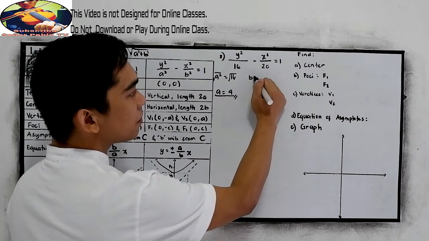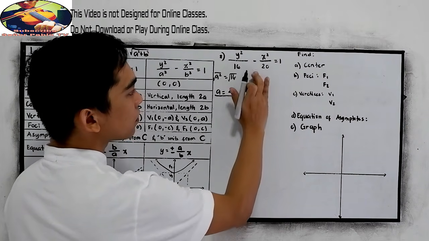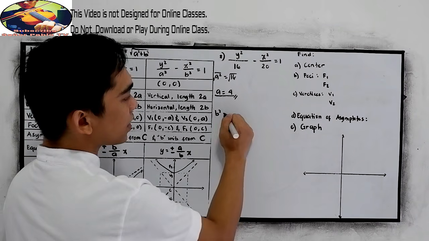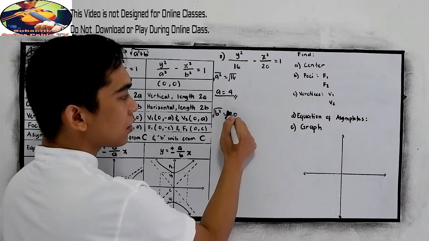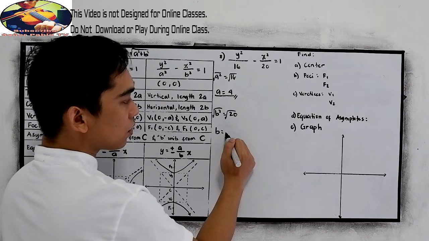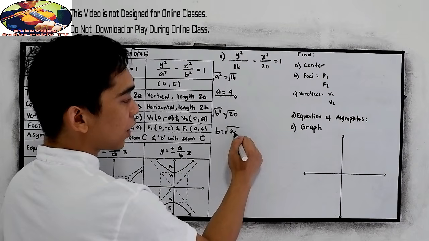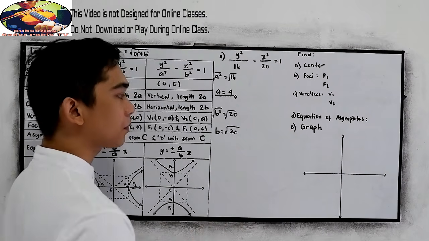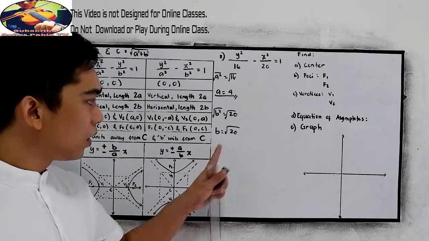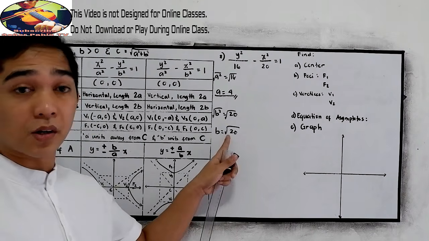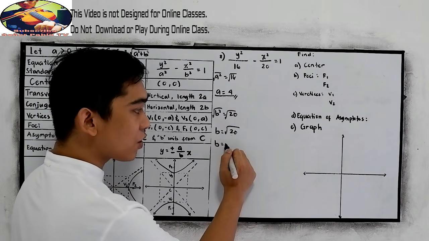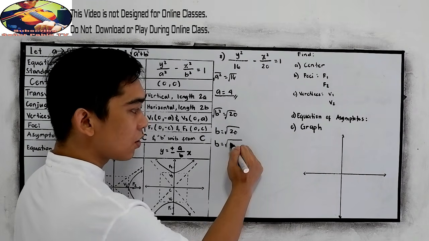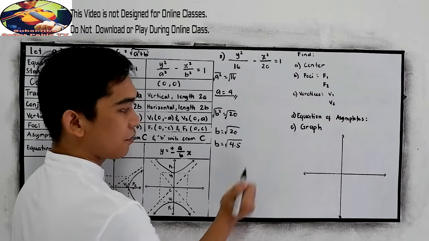And for our b squared is equal to 20. So extract the square root. b is equal to square root of 20. Now, 20 is not a perfect square number. So b is equal to, get the factors of 20, that is 4 times 5.